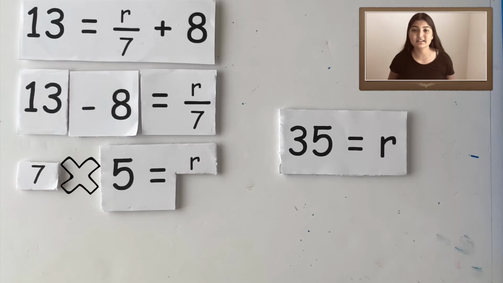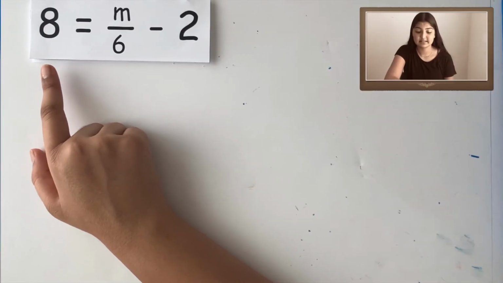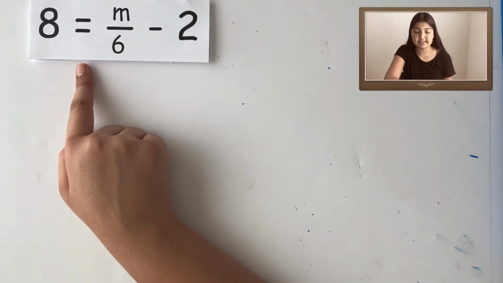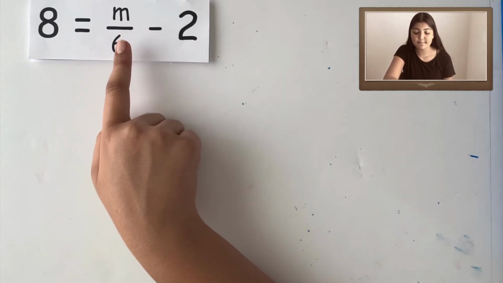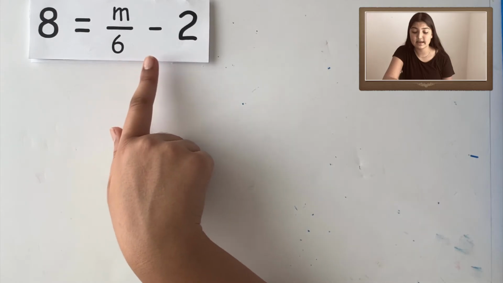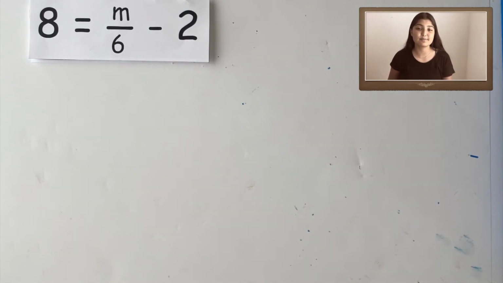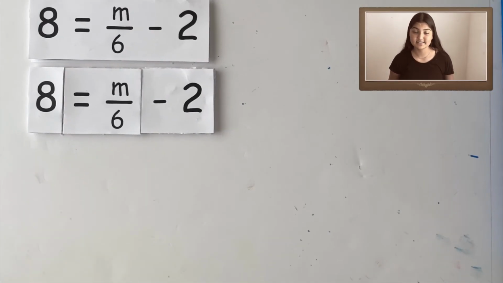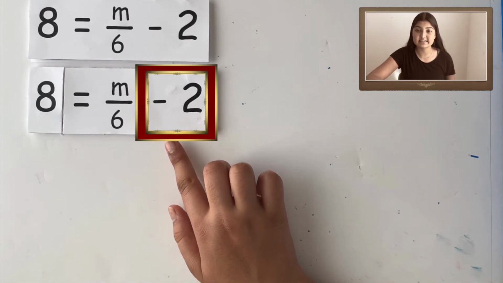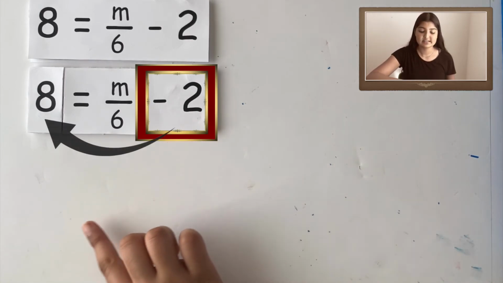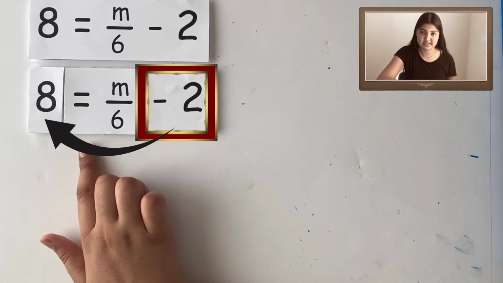Now let's look at a final example. 8 is equal to m over 6 minus 2. Let's start by writing this equation again. Next, let's take this constant term to the other side of the equal sign.